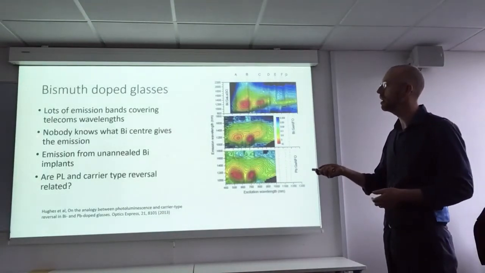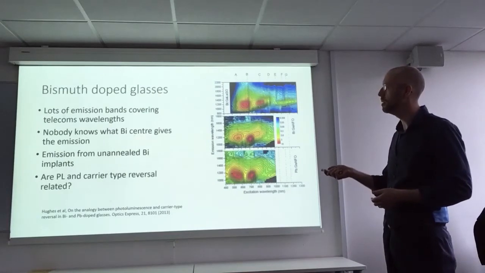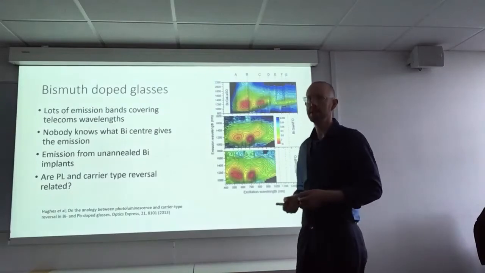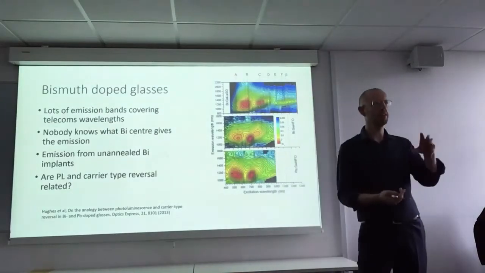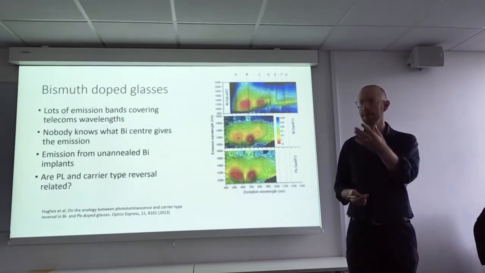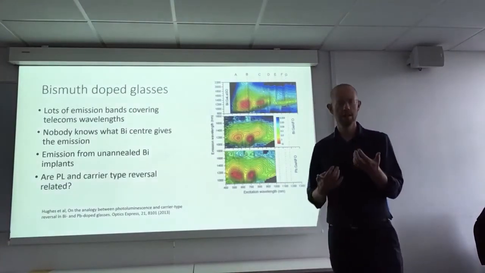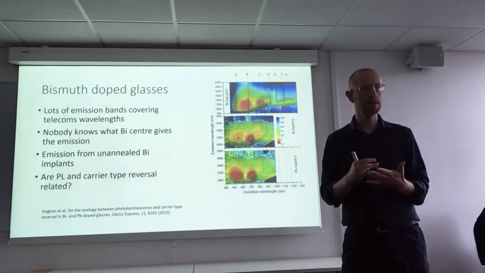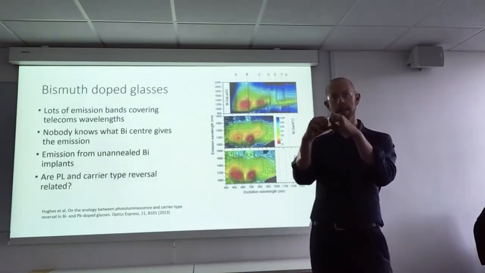But no one actually knows what bismuth centre gives the emission. By bismuth centre, I mean what type of bismuth is it in the glass that's giving off the light? When you put bismuth in, is it a bismuth ion? Is it bismuth 1+, 2+, 3+, 4+? Is it two bismuth ions stuck together?